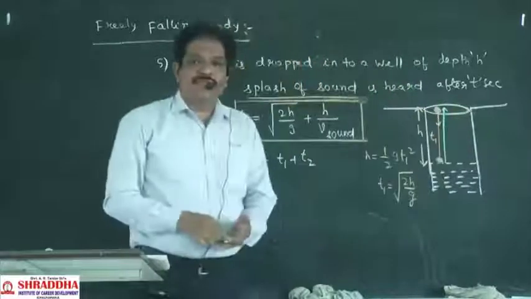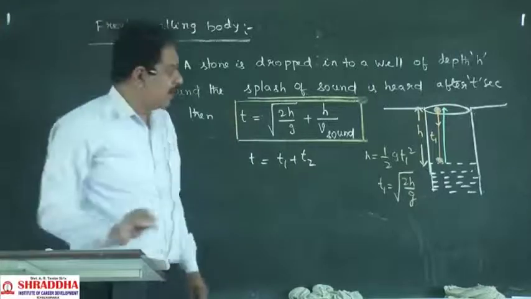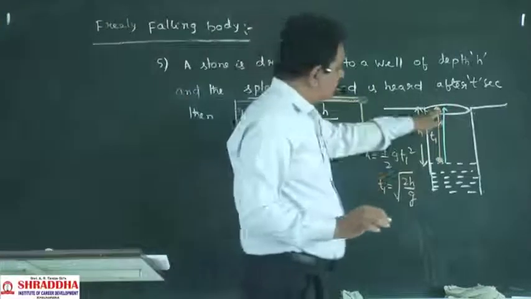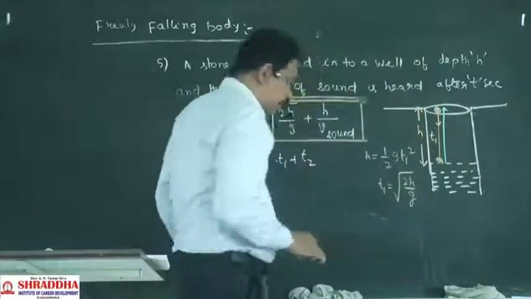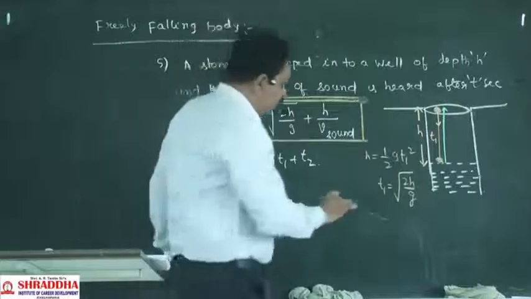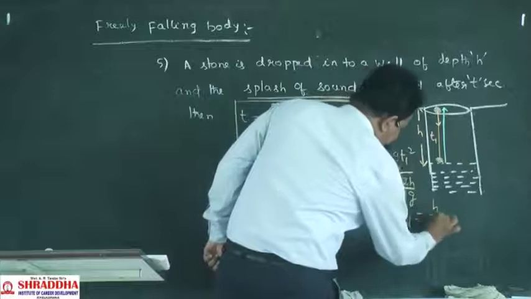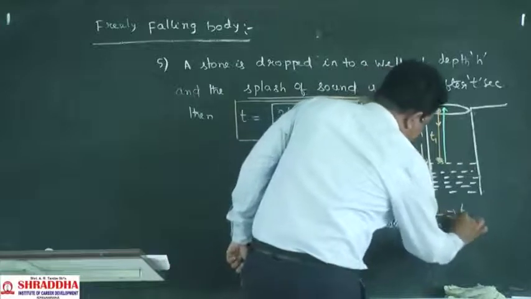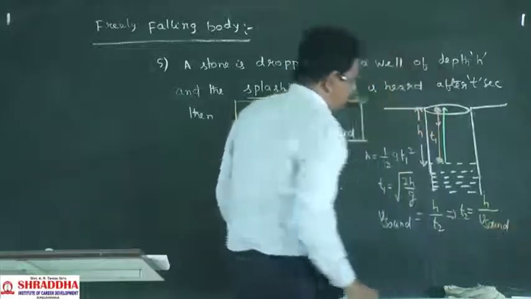Velocity is equal to distance by time. If that sound is traveling in the air, what can we write in that case? V sound is equal to distance by time, so T2 is equal to h by V sound.